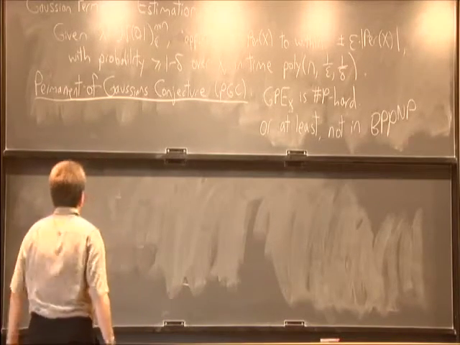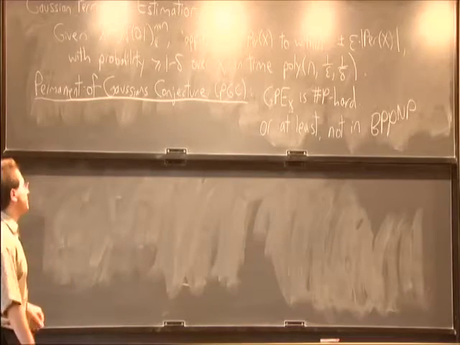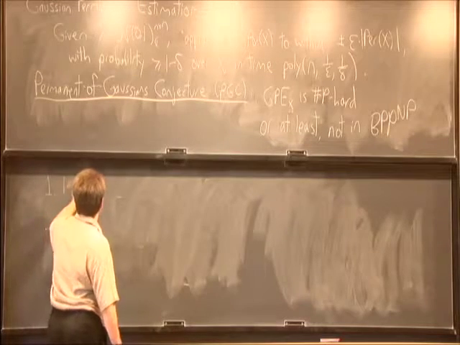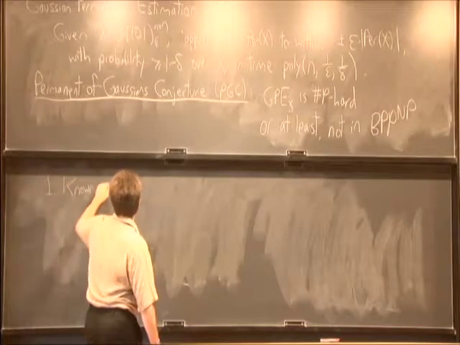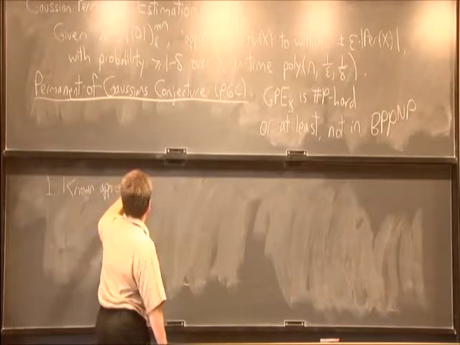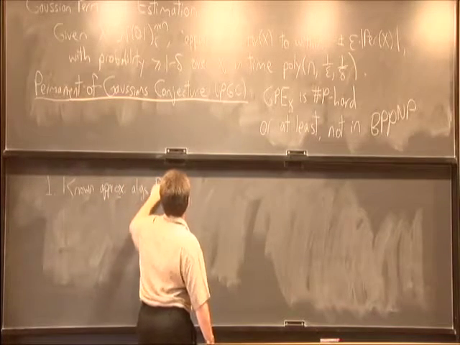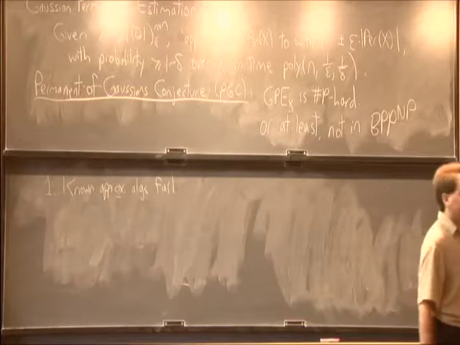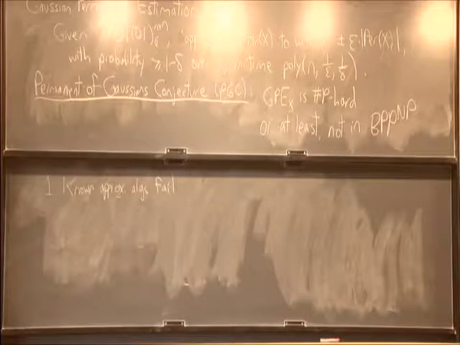So why might we expect this to be true? There are two main arguments for it. First of all, we can verify that all the known approximation algorithms fail to give anything reasonable here. I already mentioned Jerrum-Sinclair-Vigoda certainly doesn't work, because it only works for non-negative matrices.